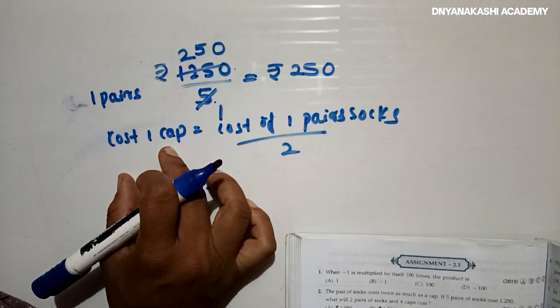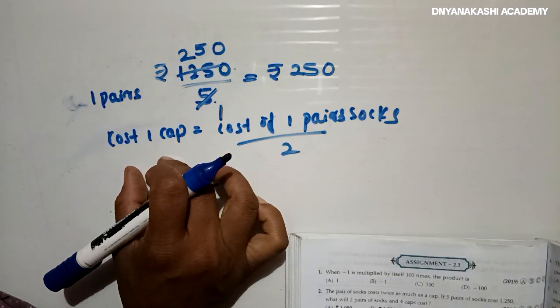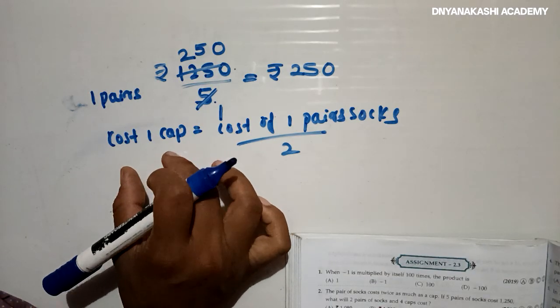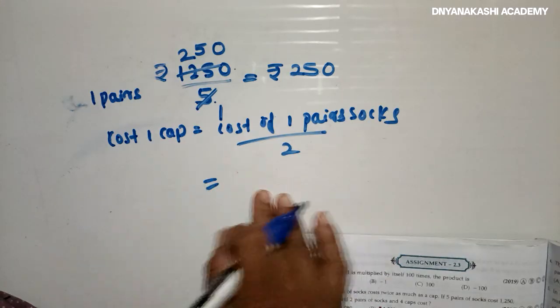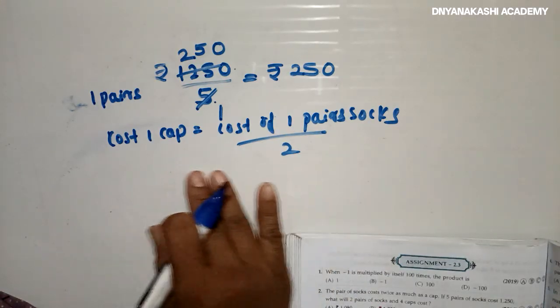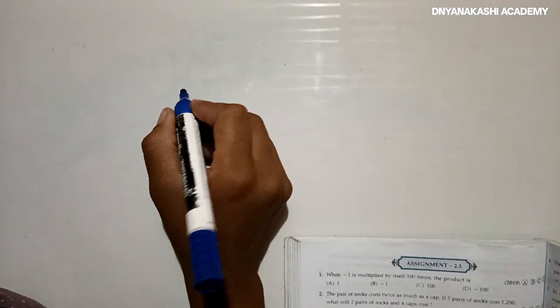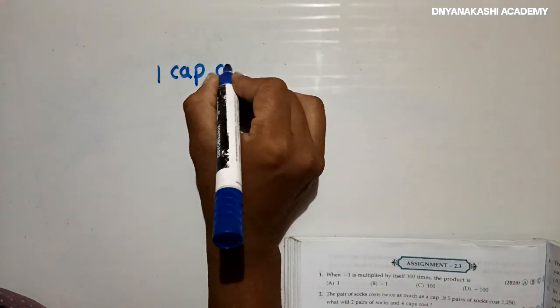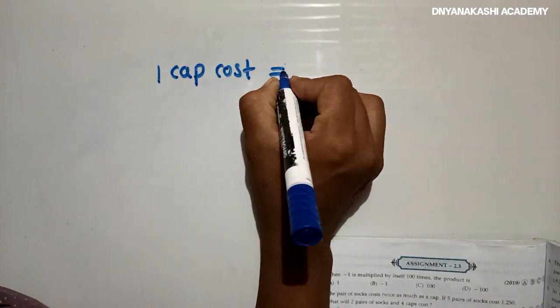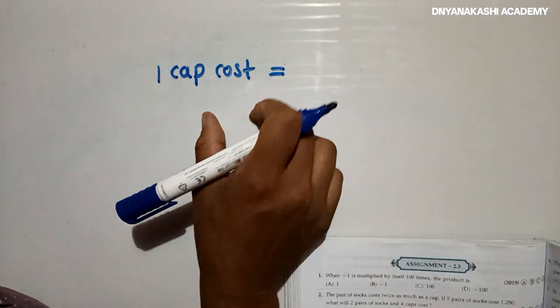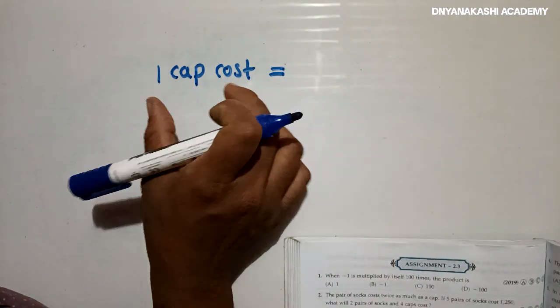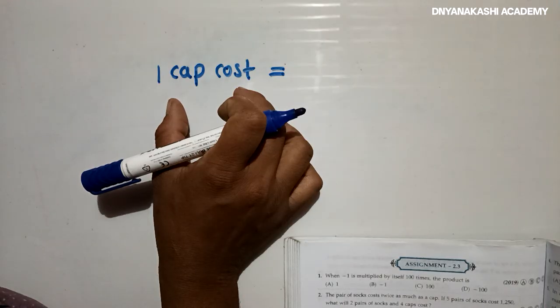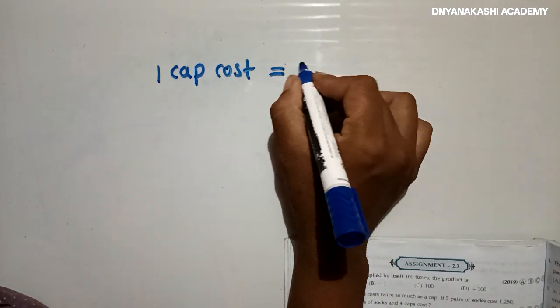We want only one cap value. Please write this down: in our question, one pair of socks cost is equal to twice a cap, so one cap value is half of the socks.